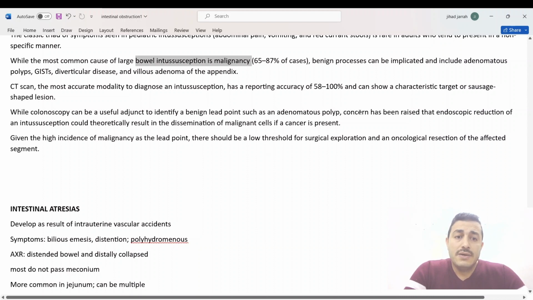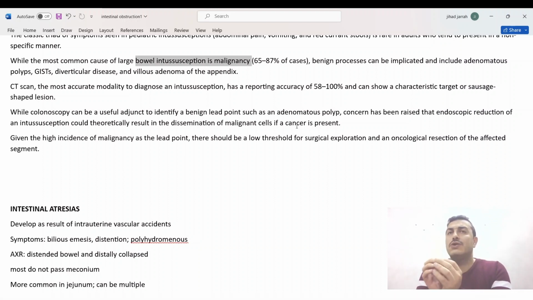Concern has been raised that endoscopic reduction of an intussusception could theoretically result in dissemination of malignant cells or cancer. We said that in adults, it's usually cancer. We said that in pediatric intussusception, we usually try pneumatic reduction or contrast reduction.